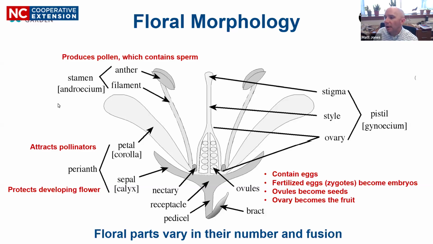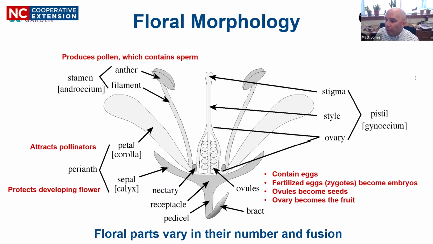So the parts of a flower are grouped in concentric units going from the outside to the inside of the flower structure. And those concentric units are called whorls, W-H-O-R-L-S.